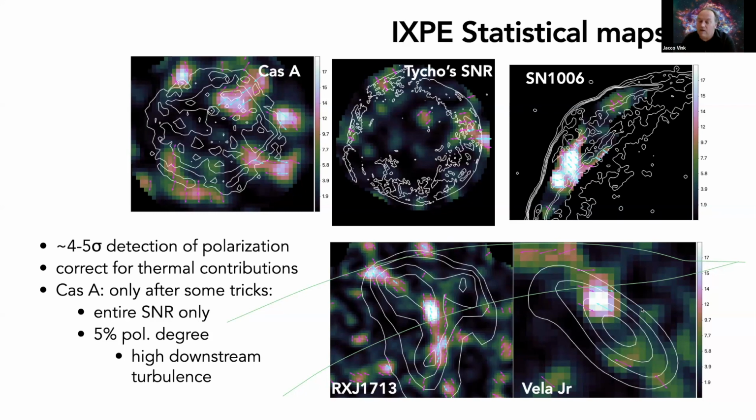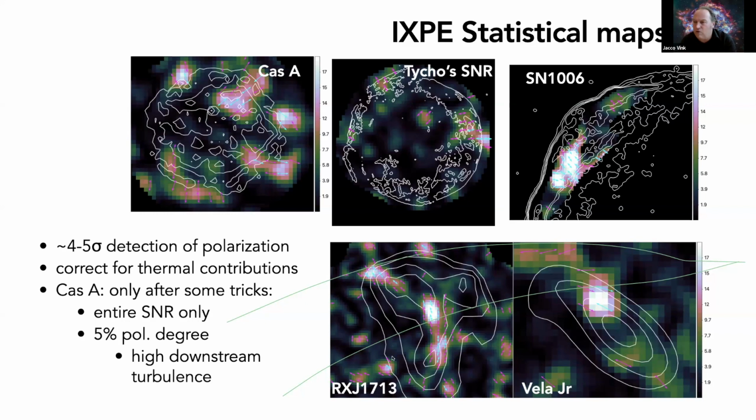It's maybe telling that in RCW 86 and SN 1006 we see the highest polarization degree very close to the shock front, and not so much further downstream, which is also a little bit weird, right? Because if the turbulence goes down, you expect a higher polarization degree. It's not something that we currently see.